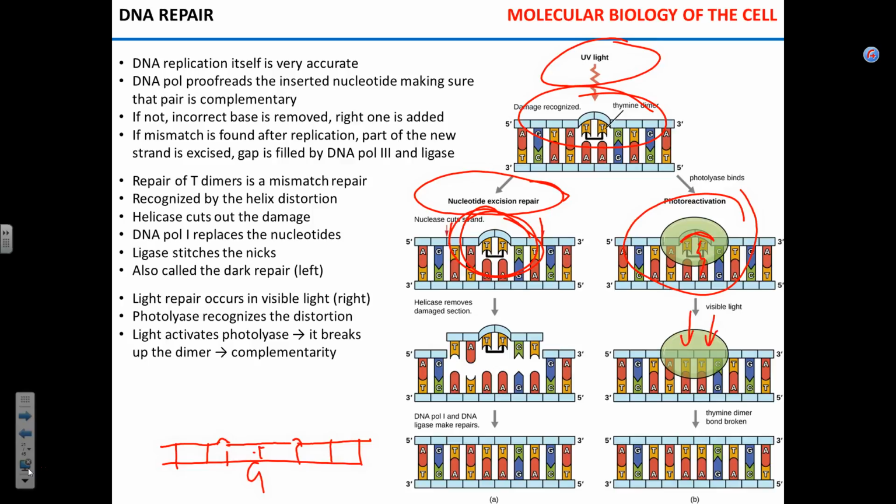So if we compare to that furniture piece, you have a broken furniture piece and you fix it, instead of throwing it away and buying a new one. Does that make sense? Now this is called photoreactivation, and this one requires the exposure to the visible light. So you see, one will work without light in the dark, another one would require the light exposure. Does that make sense?